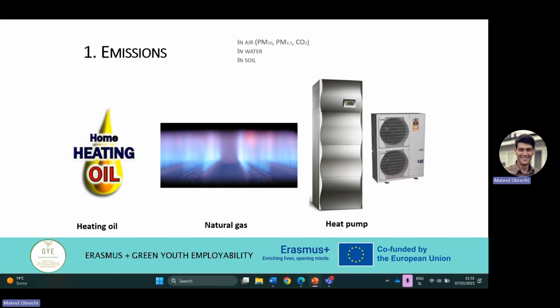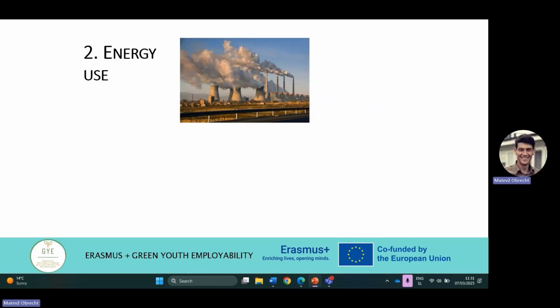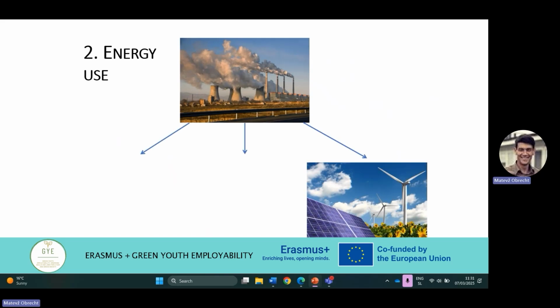The second one we talked about is the energy use. Of course, the energy use is extensive. If we want economic development, we need energy. For everything we produce, everything we grow, everything we do, we need energy. We need electricity, we need heat, and so on. But we can get this in numerous different ways. If I divide it into 3 types, we must first be aware that renewables are a solution.